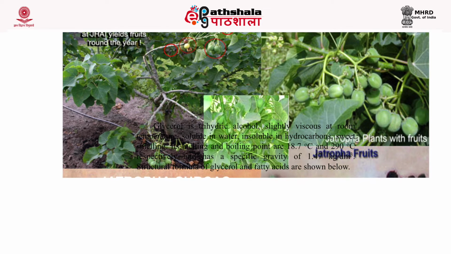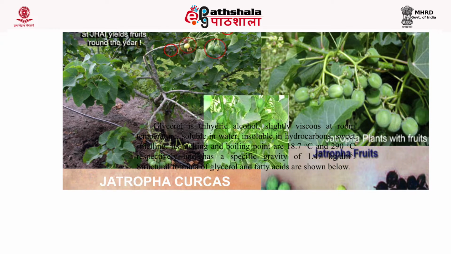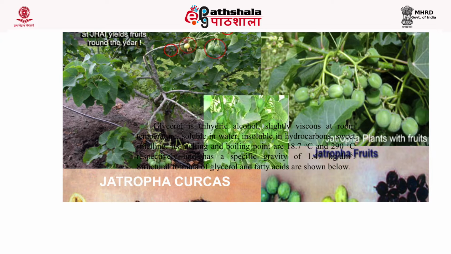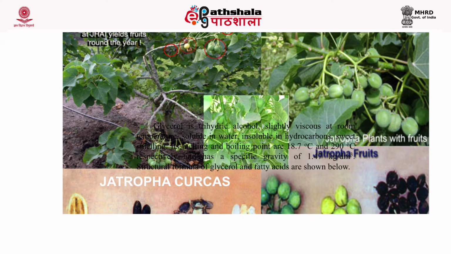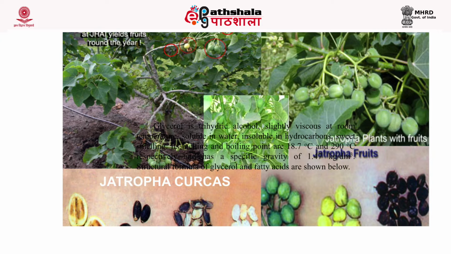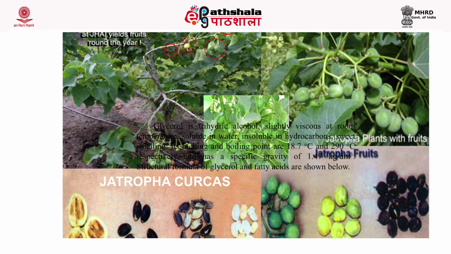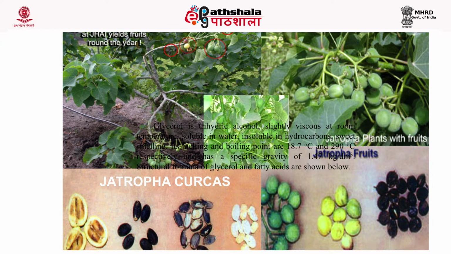Now the picture shows the fruits of Jatropha. Each fruit has three seeds. Now seeds can be dehusked and the kernel is obtained. The kernels can be further processed for the production of Jatropha oil.